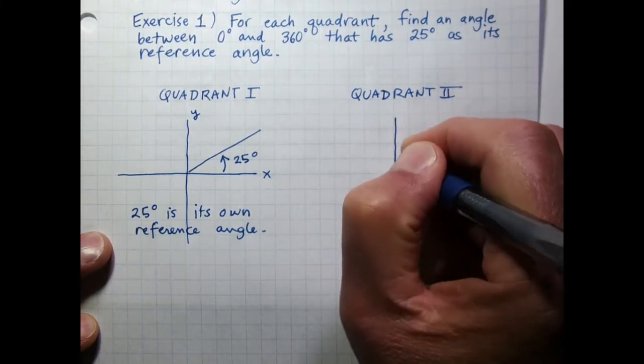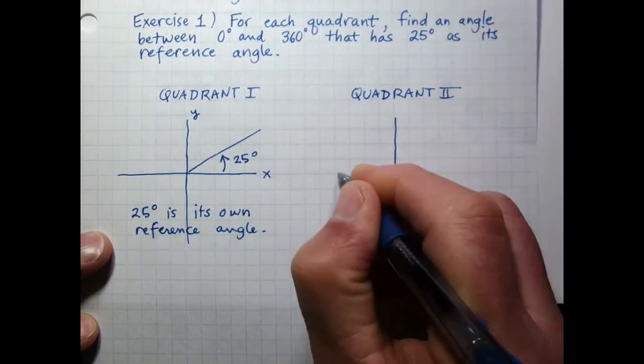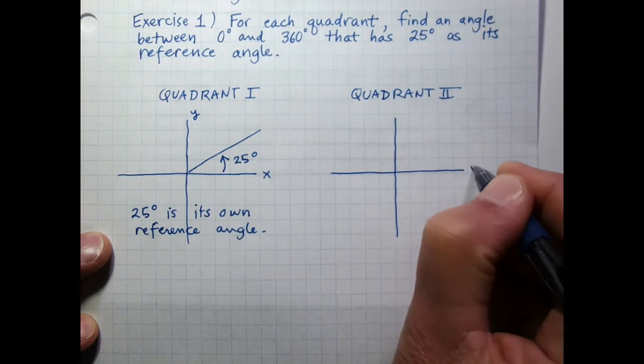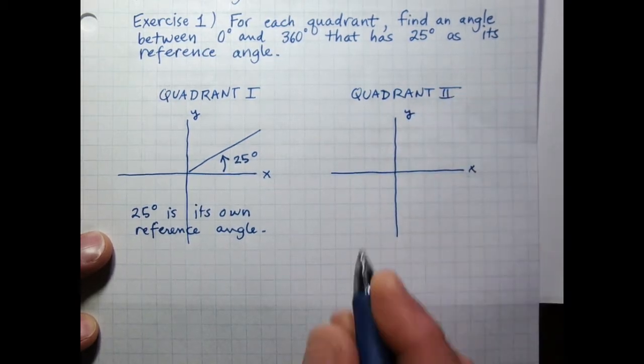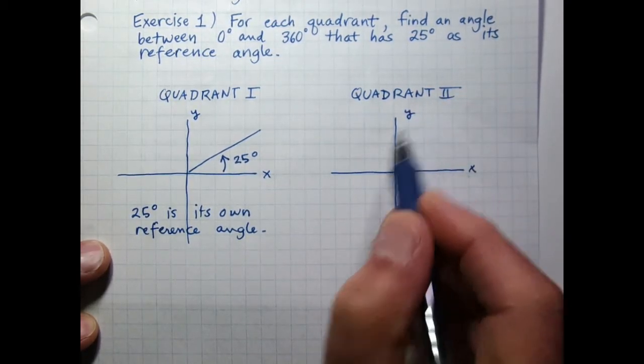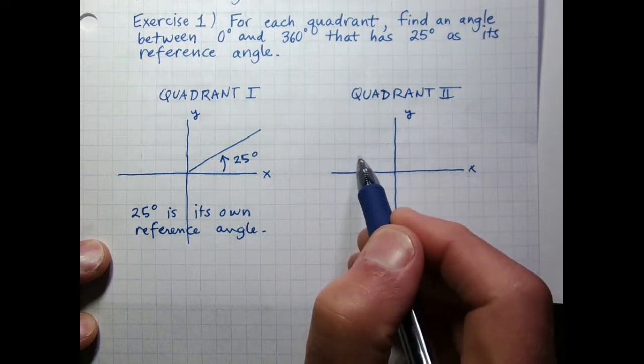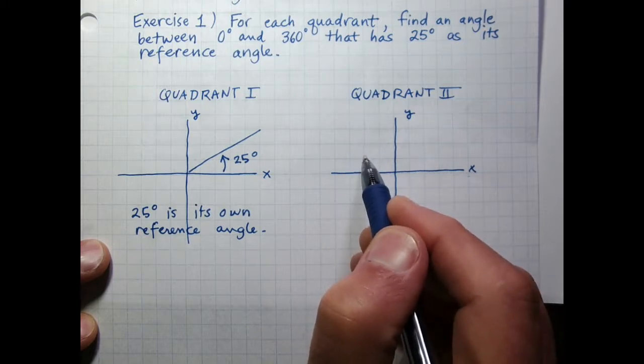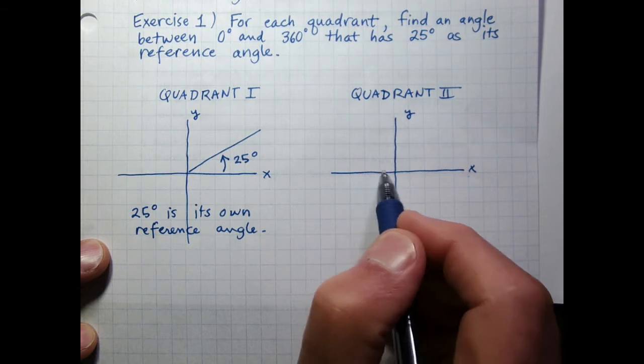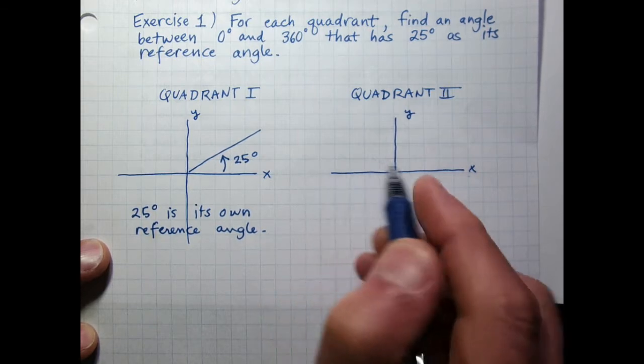So let me redraw coordinate axes. Now, the reference angle for an angle in quadrant 2 is always going to have one side along the x-axis. So in quadrant 2 it would be along the negative x-axis.